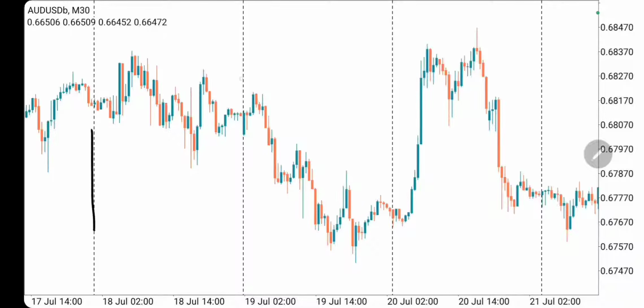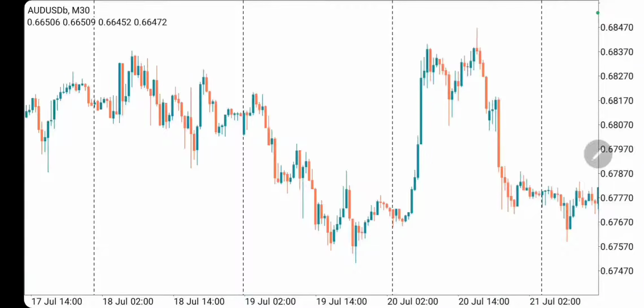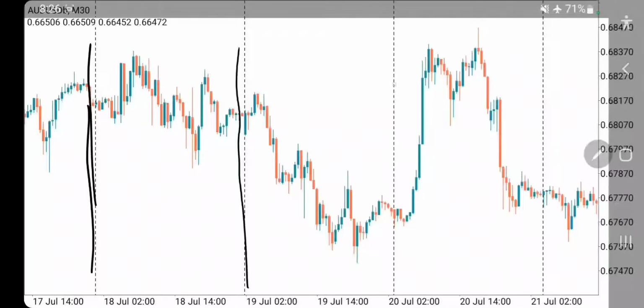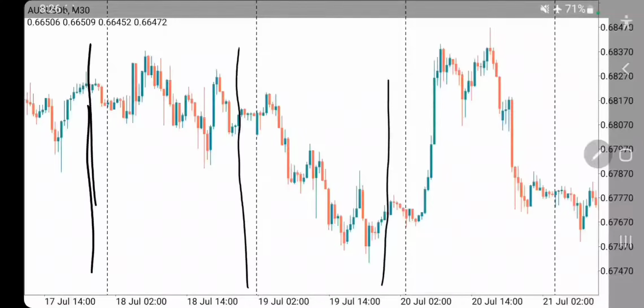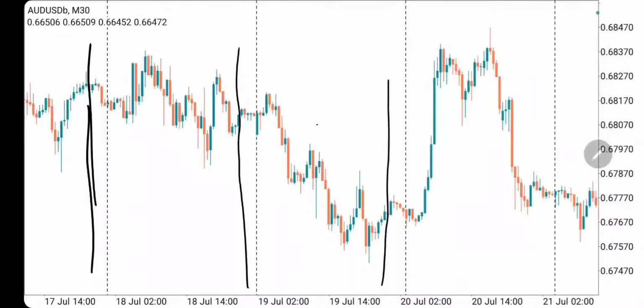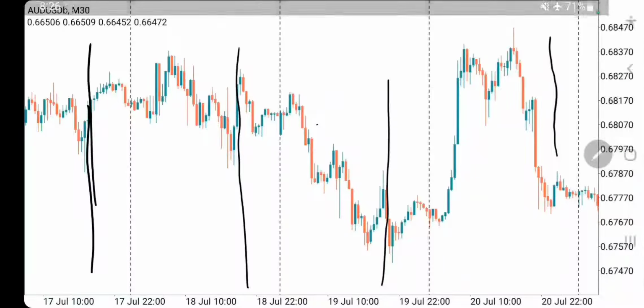If you are one of those in my Telegram channel, you see that when I post signals, I don't actually have these lines. All right. But when I'm trading this strategy, I ensure that I activate the line on my chart.